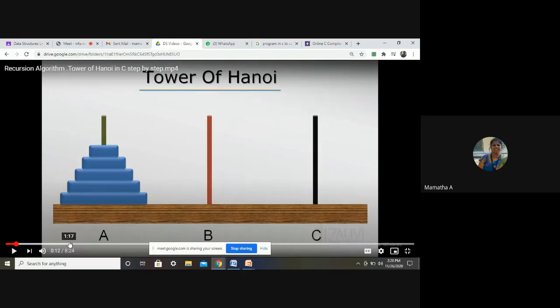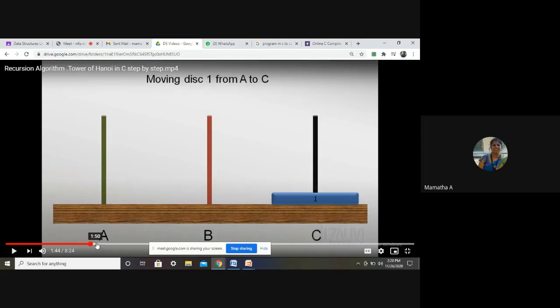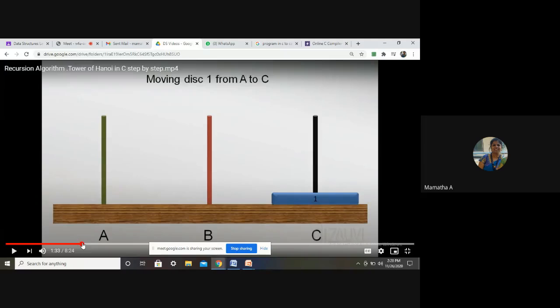So as you can see now, we have seen to move one disk. How many movements should I make? One disk is there. How many movements will happen, students? One disk means only one, isn't it? You can see the example here.